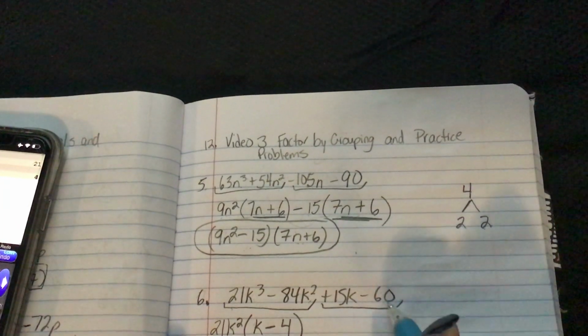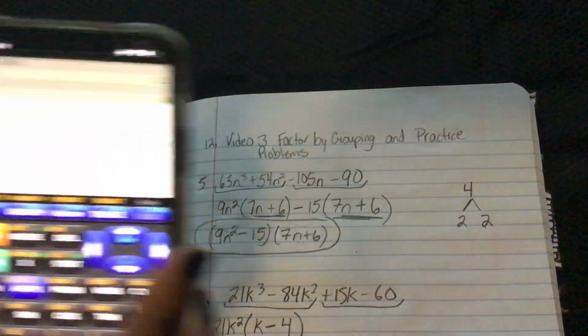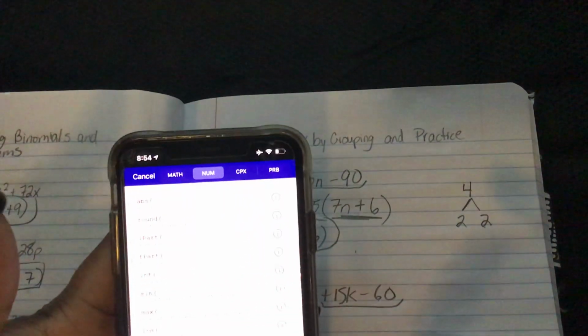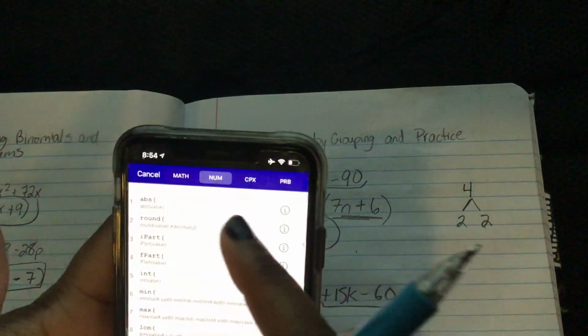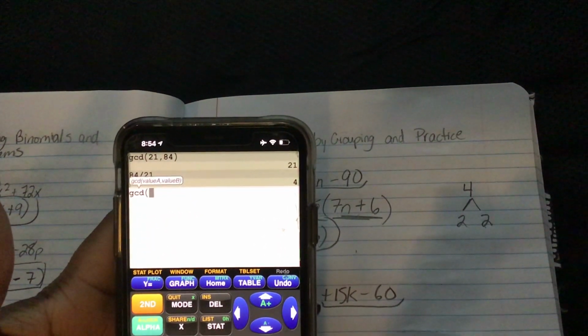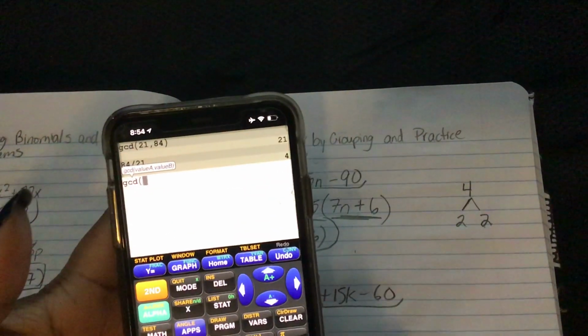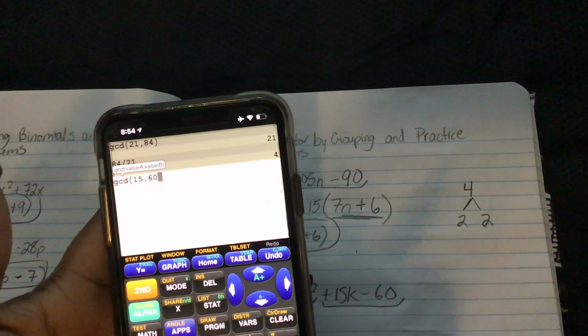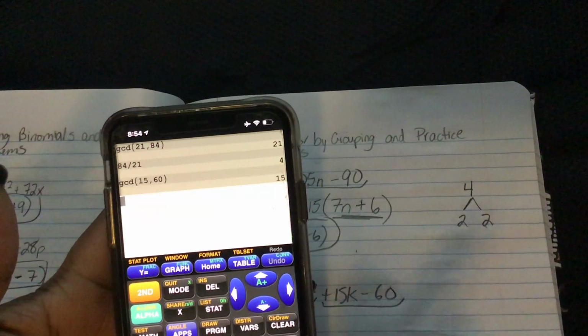So now we're looking for the greatest common factor between those two numbers. Again, we go to math, num, and go down to GCD. So now we're going to type in 15, comma, 60. Close the parentheses, enter.